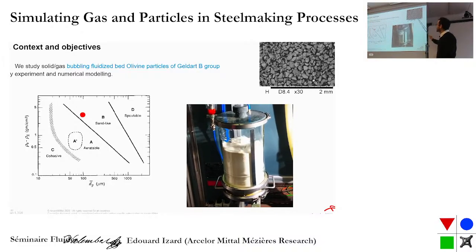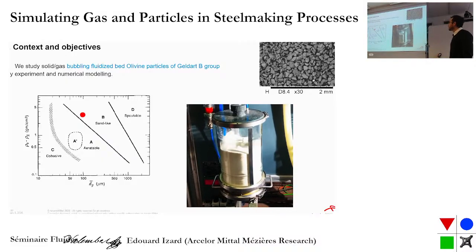You see the particle size, so it's particles around 100 to 200 micrometers. And here you have a very small fluidized bed system where we put these particles, so we are able to make bubbles. We inject the gas from the bottom, and we can have an agitation of this bath composed of solid particles.